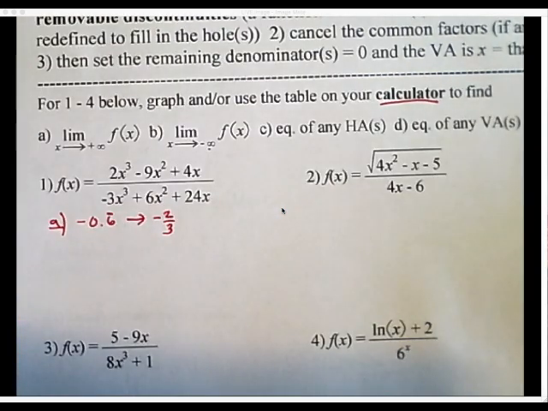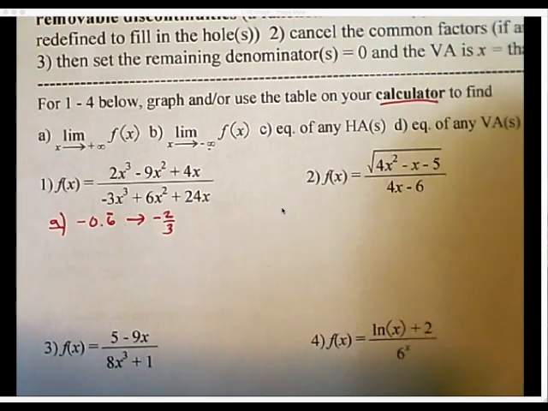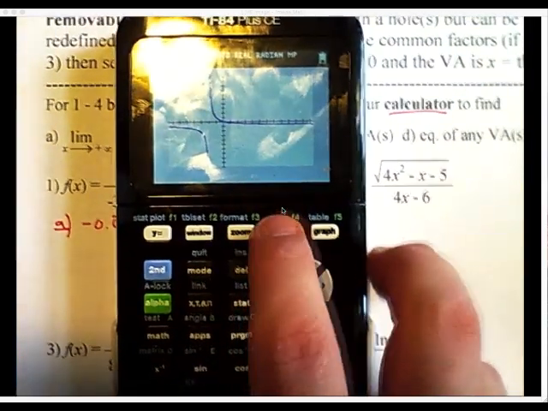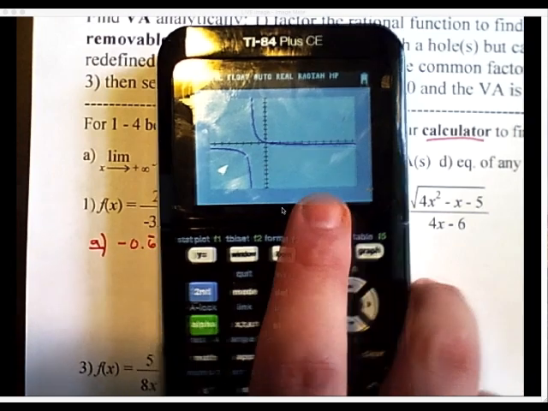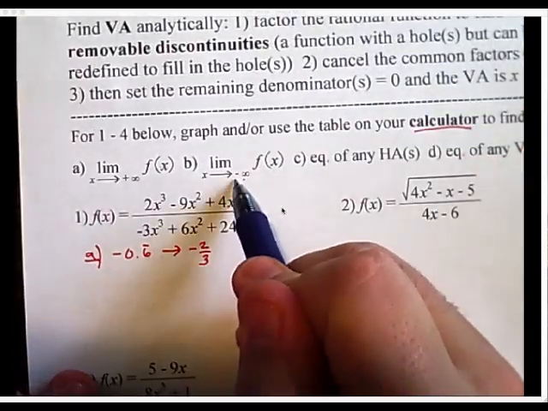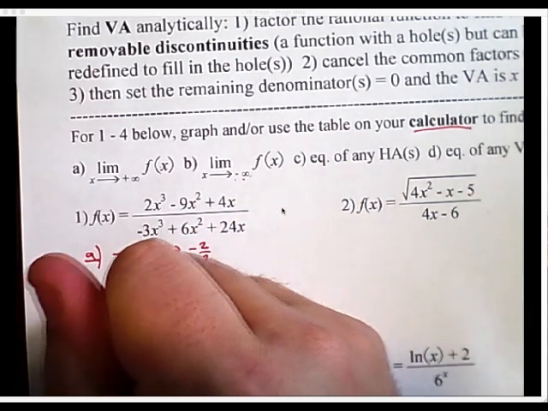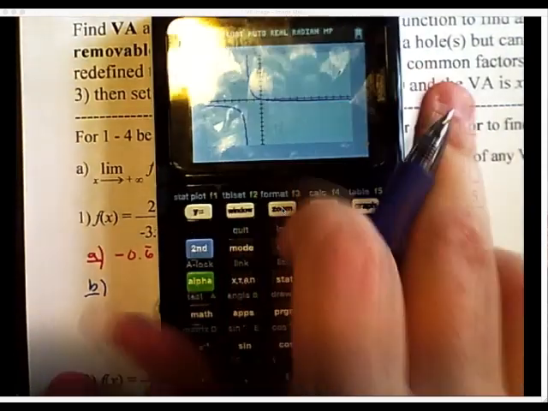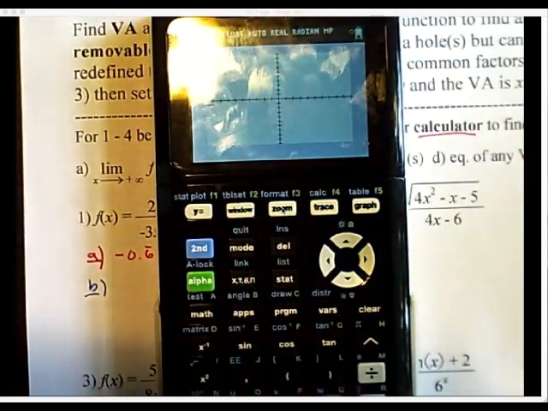So the further I go out to the right, the y values get closer and closer to negative 2/3. Now let's go back to the graph. That was part A. What happens as I approach negative infinity? That means as I go further and further to the left.